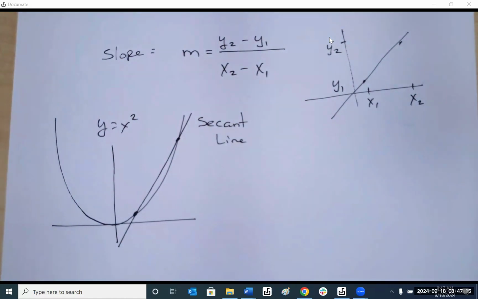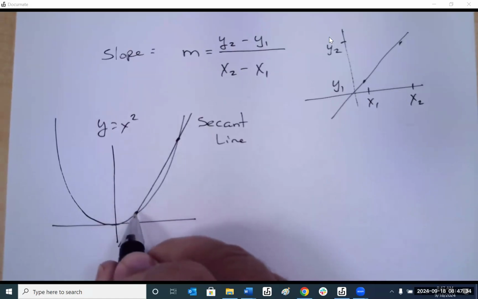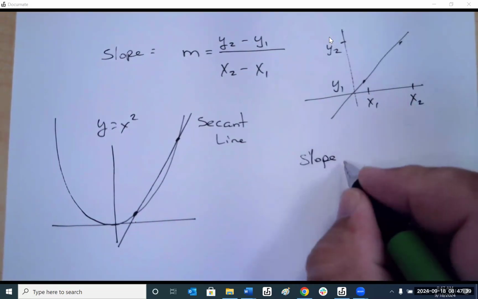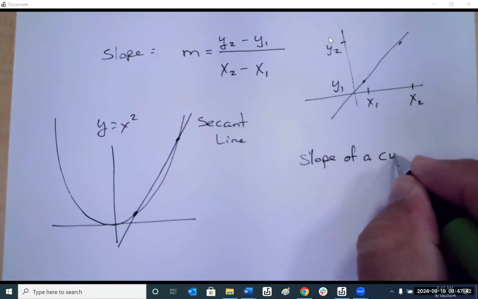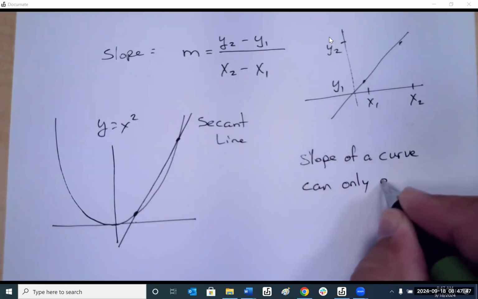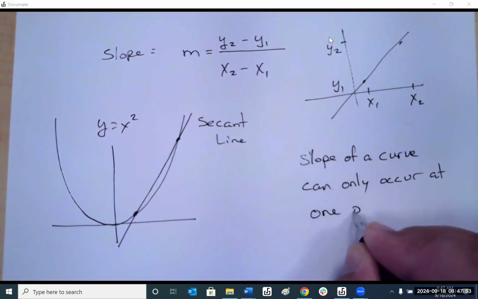It's a straight line that cuts a graph at 2 points. So what is the problem here? The problem is the slope of a curve can only occur at 1 point.